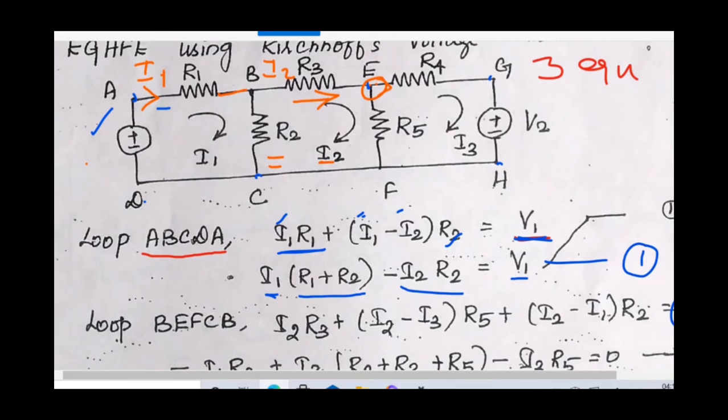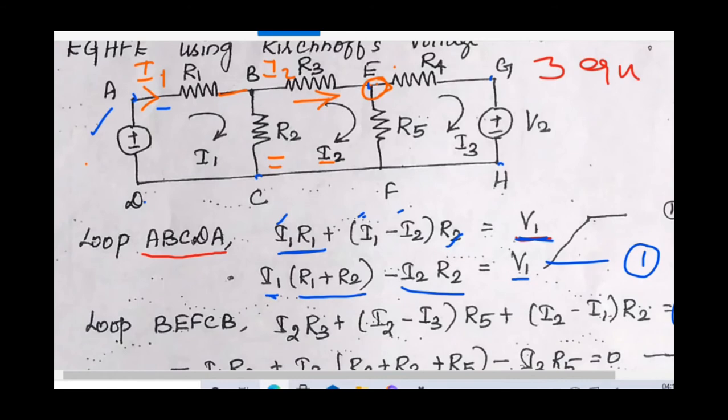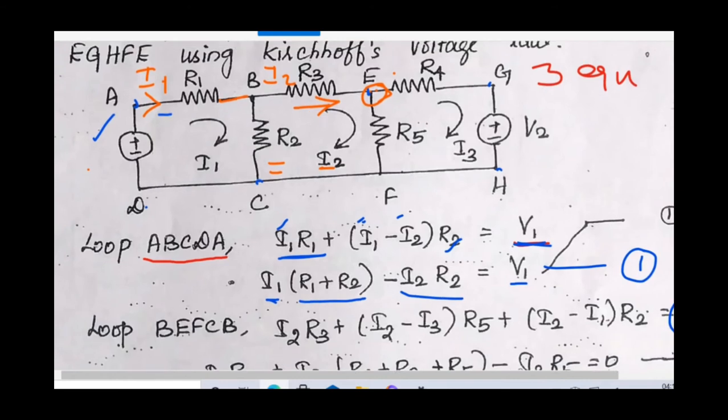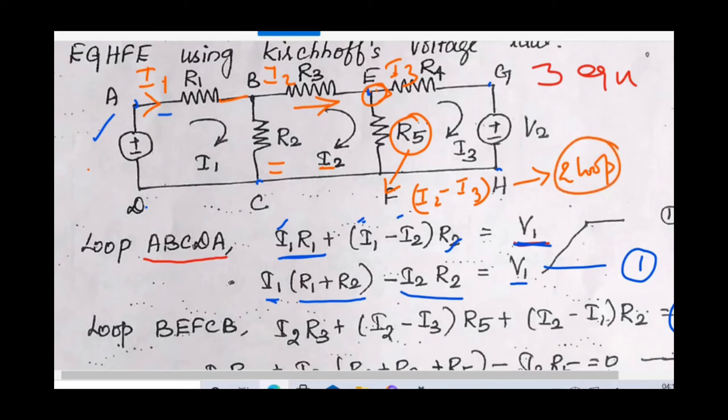Here we have I3 through R4, and R5 is a resistor which receives a current of either I2 minus I3 while I am writing an equation for loop 2, the second loop. If I am writing an equation for the third loop, it becomes I3 minus I2.